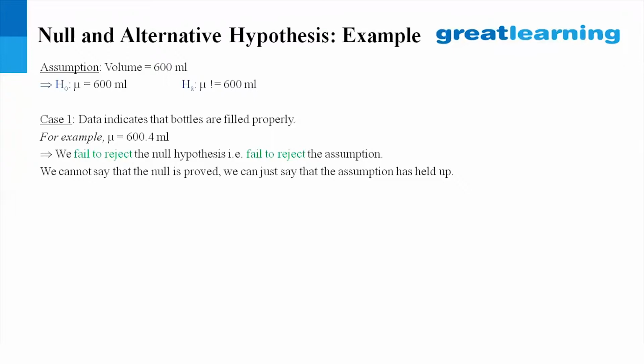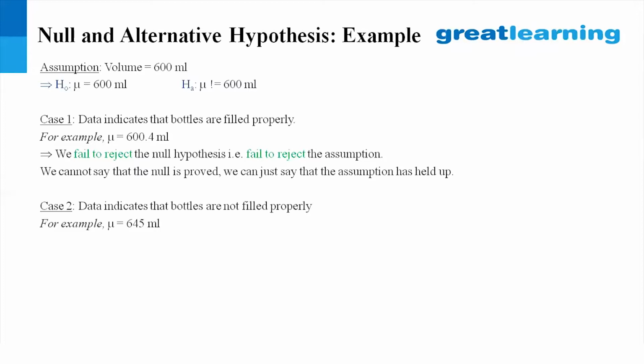But since it is just slightly more than 600 ml, you also cannot reject the null hypothesis. Hence, you say that you're failing to reject the null hypothesis because you had claimed that it's going to be 600. It is 600.4, which is not exactly the same. It is slightly different. Why are you failing to reject? Because there is some level of tolerance that you can allow when you are measuring the sample data.